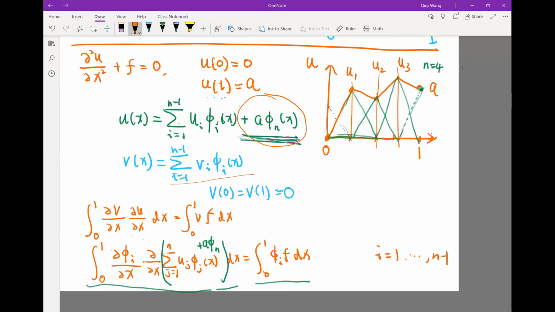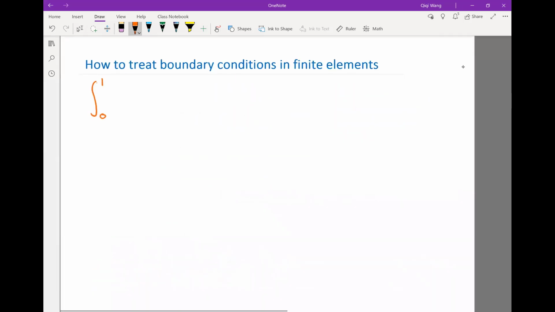So we'll have a red term and a green term, and we are already moving them outside the integral. So the red term becomes a summation of j goes from 1 to n minus 1. The coefficient is uj, okay? And inside we have the derivative of vi times the derivative of vj dx.